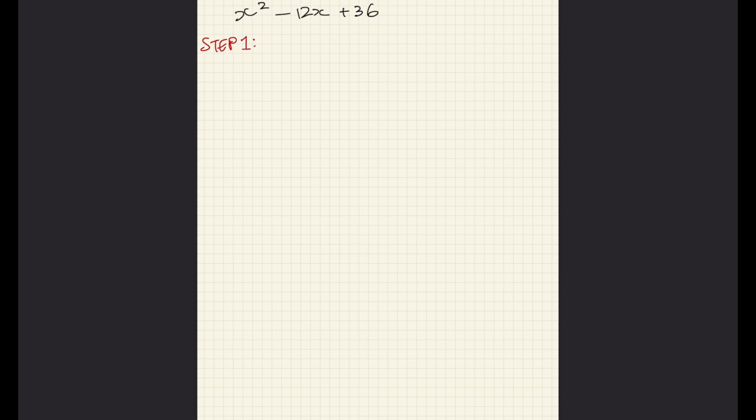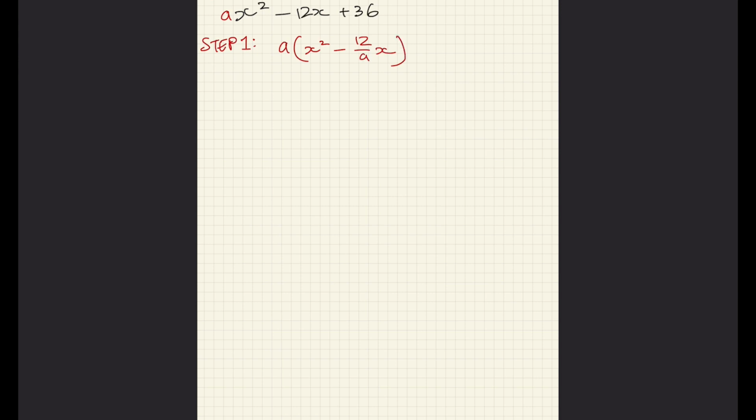If there's anything in front of the x squared, divide the second coefficient by it. In this case, our coefficient is 1, so we don't need to do anything. But if that was, say, a, then we would go ax squared minus 12 on ax.